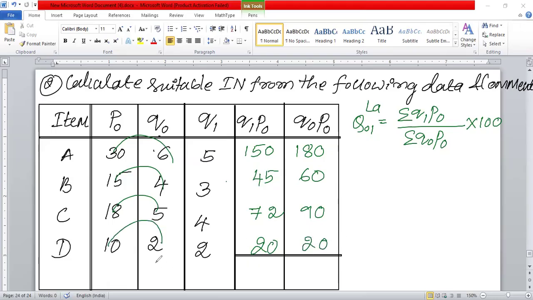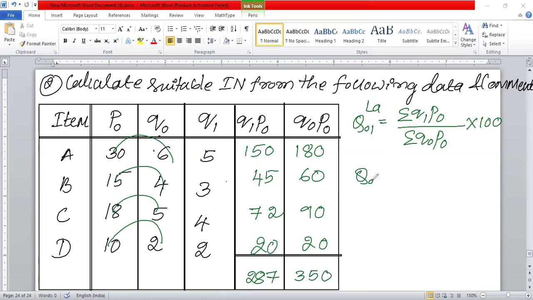Let's see the column totals. 150 plus 45 plus 72 plus 20, so 287. And 180 plus 60 plus 90 plus 20, so 350.